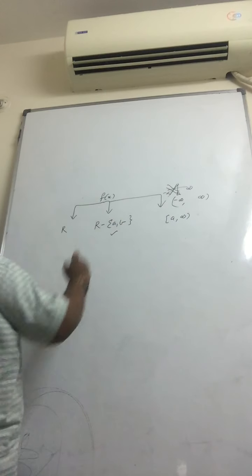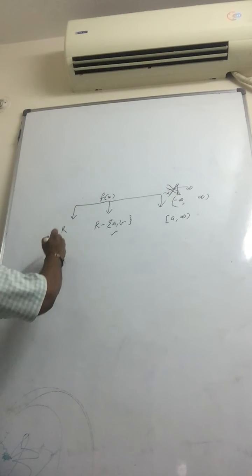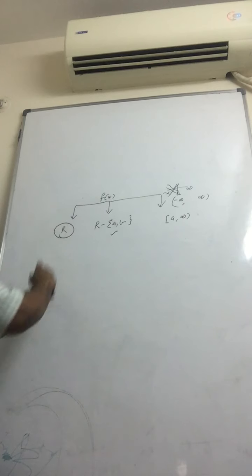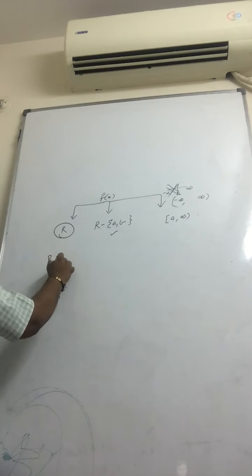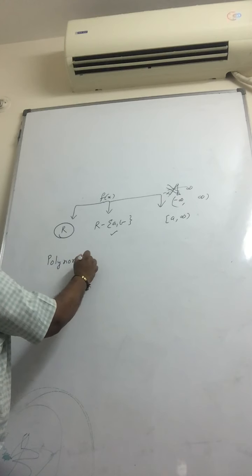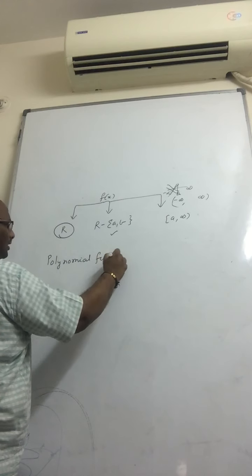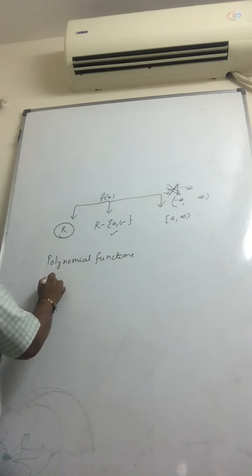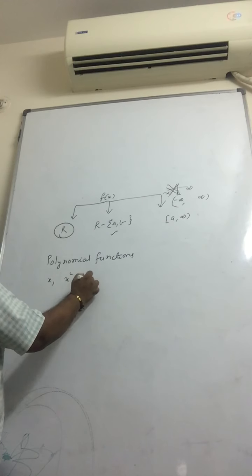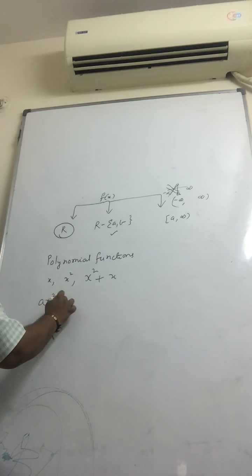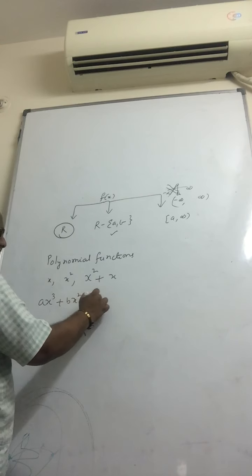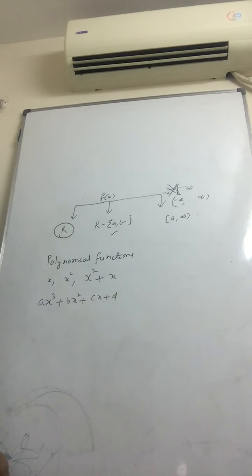So this particular model I discussed. So what kind of functions will come under this category? Polynomial functions. x square plus x, ax cube plus bx square plus cx plus d, second degree, third degree, fourth degree, fifth degree, all polynomials.